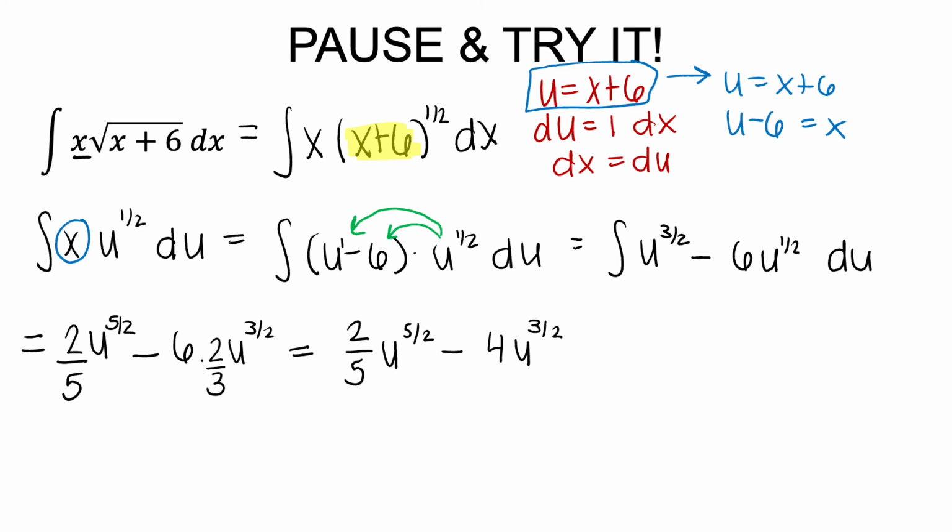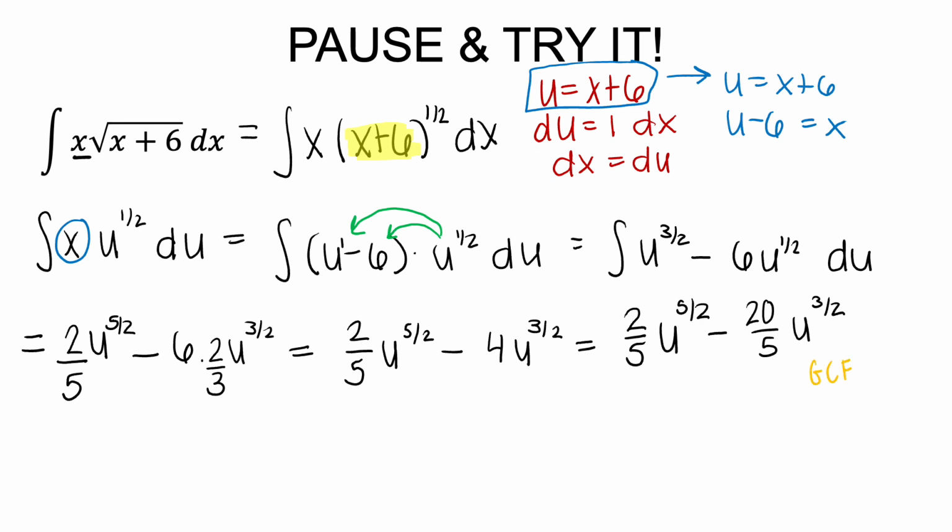Now this is a bit messy, so I'm going to write these with a common denominator and see if I can simplify a little bit more. So let's make this 2/5 u to the 5/2 minus, let's write 4 as 20/5, so 20/5 u to the 3/2. Now I'm going to go ahead and factor out my greatest common factor.